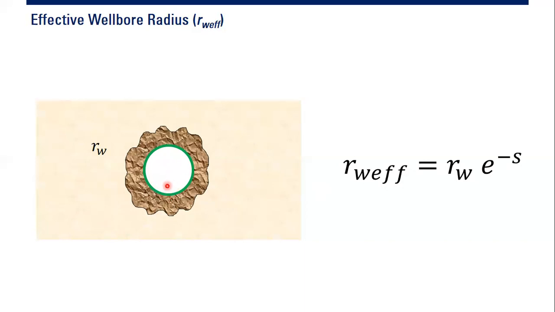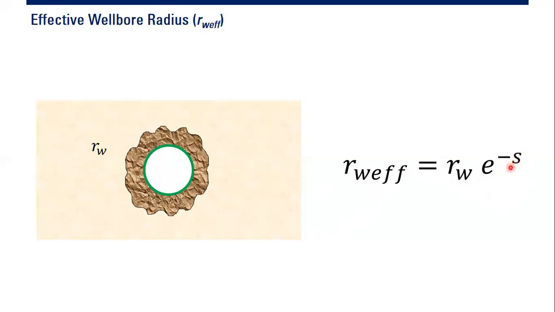The productivity of this well is now changed such that we can see another wellbore radius which is more effective to be used, and this one is applicable: RW multiplied by e to the power of minus skin factor.